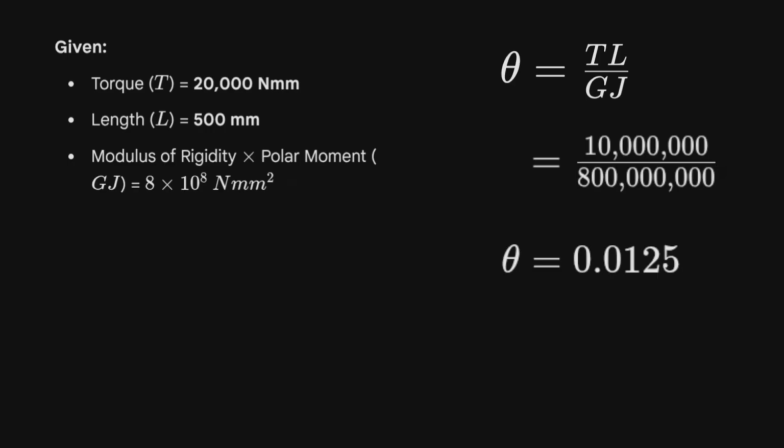So we're going to divide 10 million over 800 million. So we're going to get 0.0125. So that is our angle of twist.